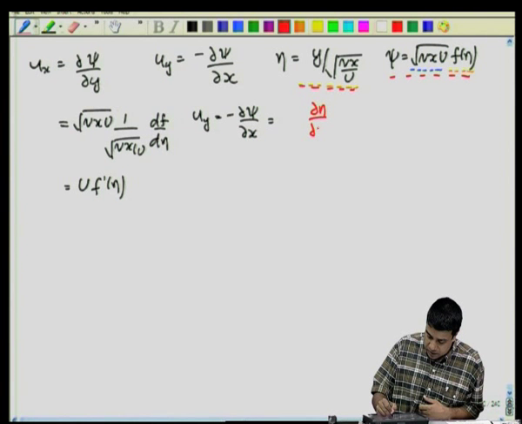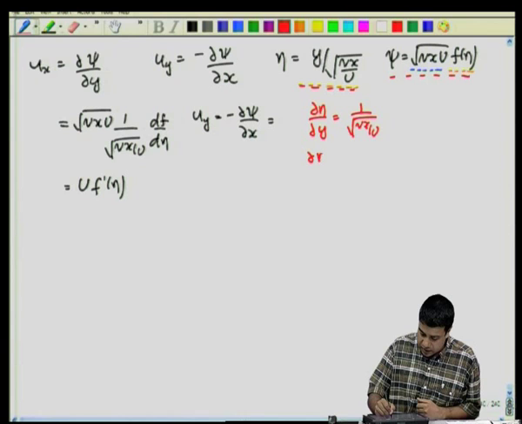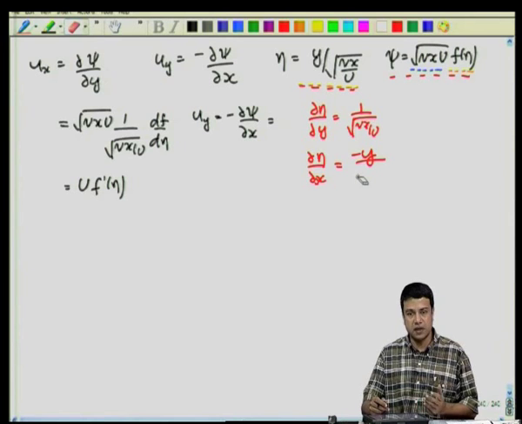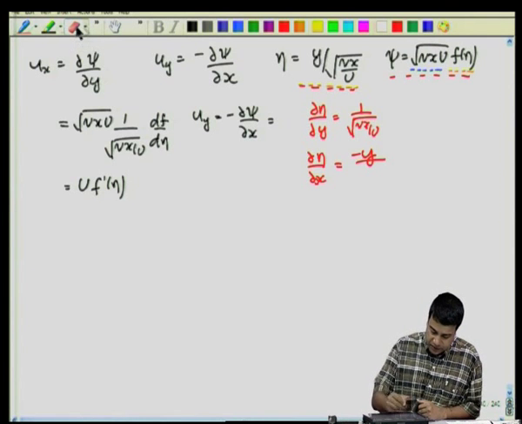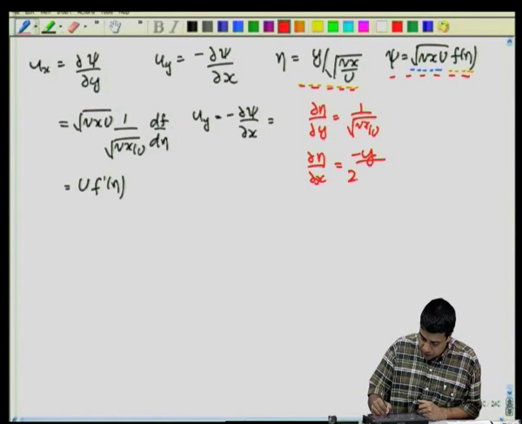Partial eta by partial y is equal to 1 by root of nu x by u. And partial eta by partial x is equal to minus y by 2, x power minus half. Therefore, when I differentiate I will get minus 1 by 2, x power 3 by 2, into nu by u per half.